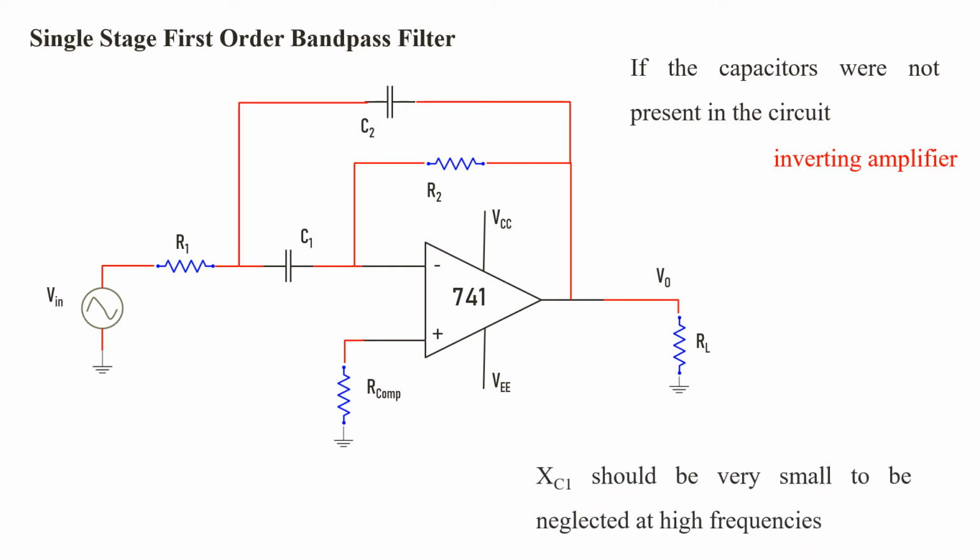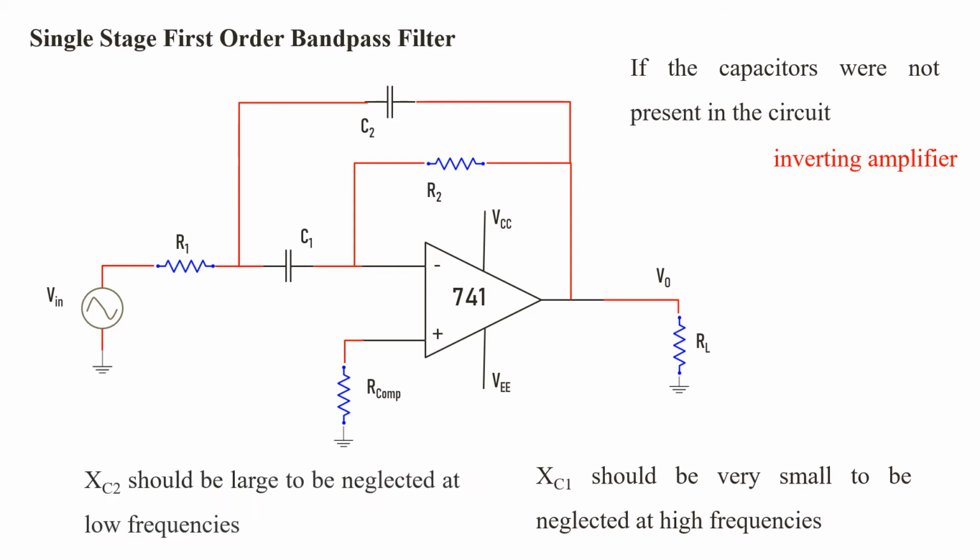The first one is that Xc1 should be very small to be neglected at high frequencies. At high frequencies, the capacitive reactance will be very small, and it will act as a short circuit, and we are going to neglect it under high frequency signals.